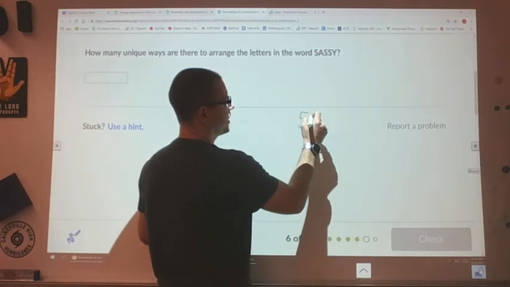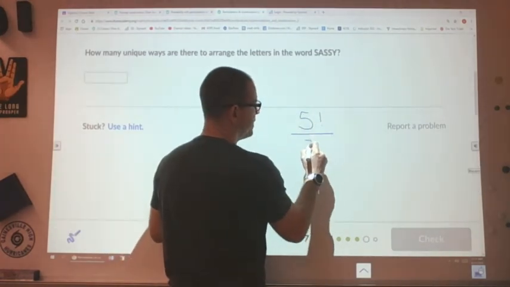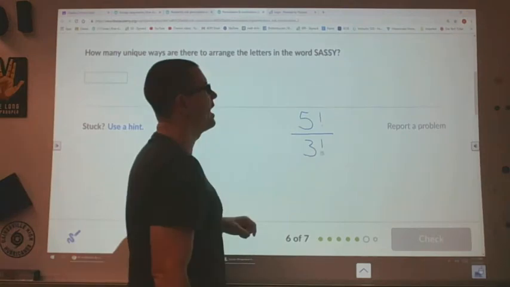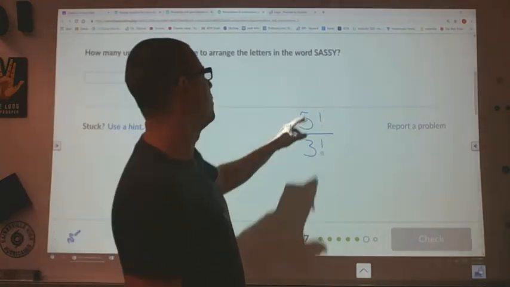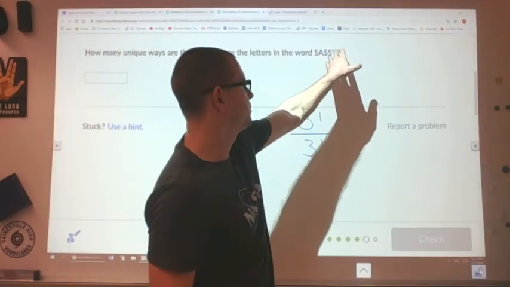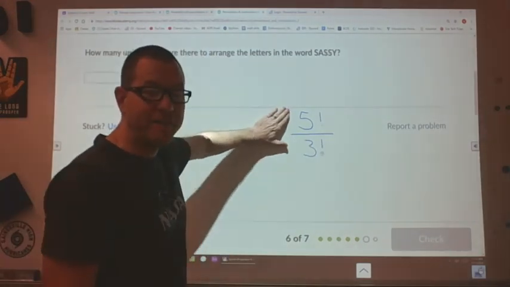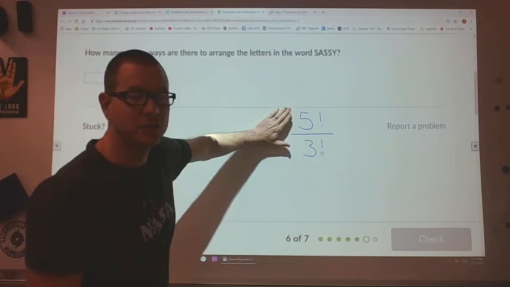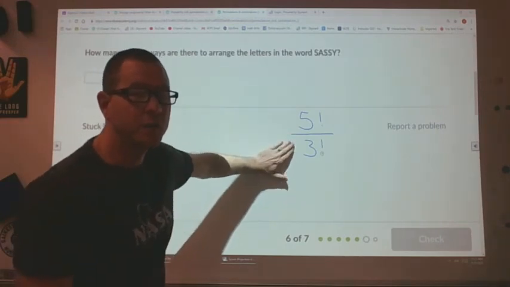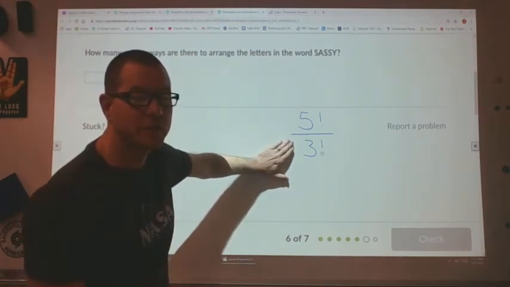So 5 factorial ways to arrange them, but 3 of them are not unique. So if this S had switched places with this S, we'd have no way of knowing, so we need to divide that out. 5 factorial ways to arrange 5 letters. 3 factorial ways to arrange 3 letters.